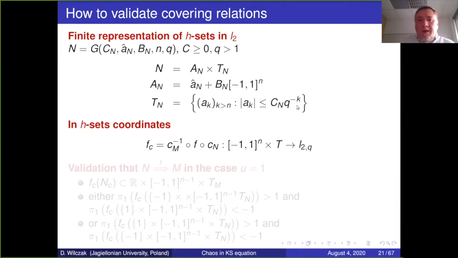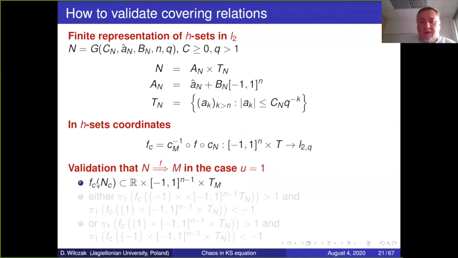Okay, and in coordinates of the H set, my mapping is defined on the n-dimensional ball [-1,1]^n times some tail. And if I'm going to validate the existence of covariant relations for a particular map, I have to check some inequalities. First of all, I have to check these inequalities.